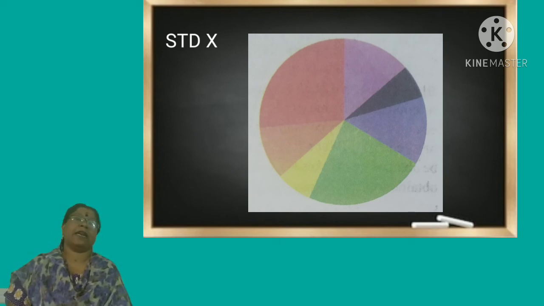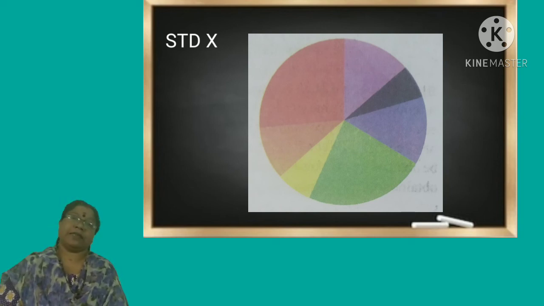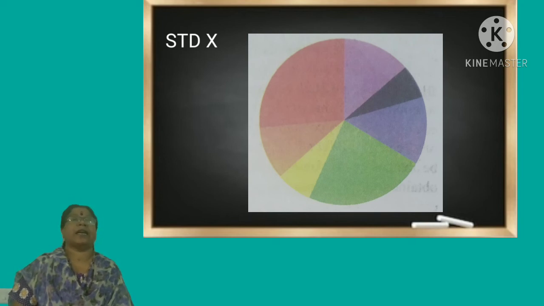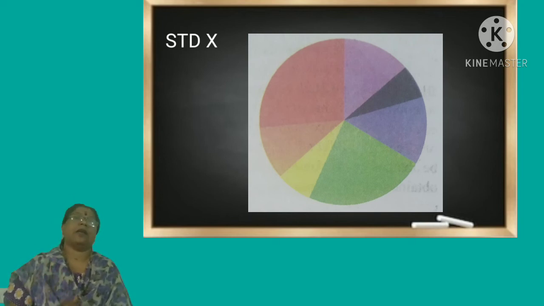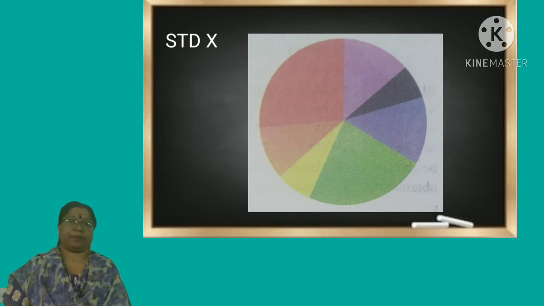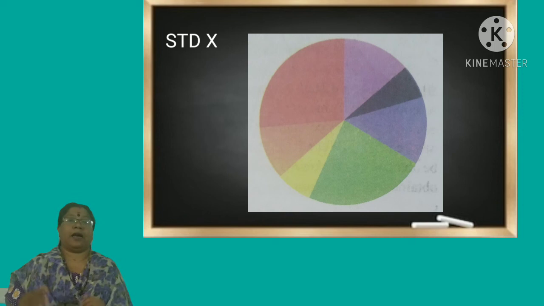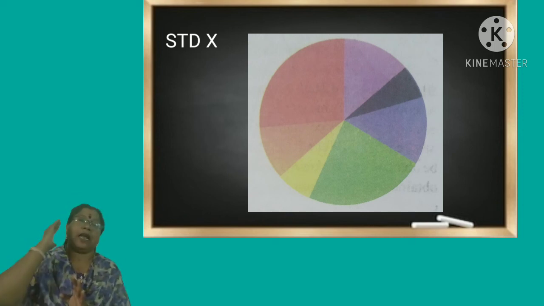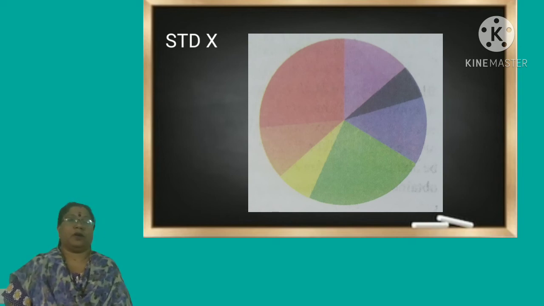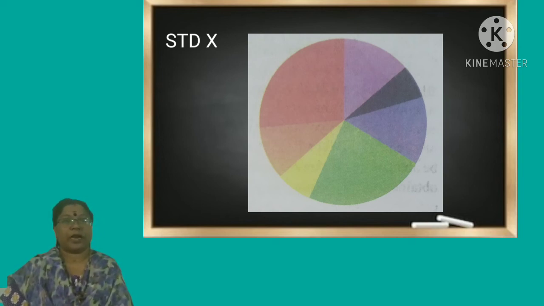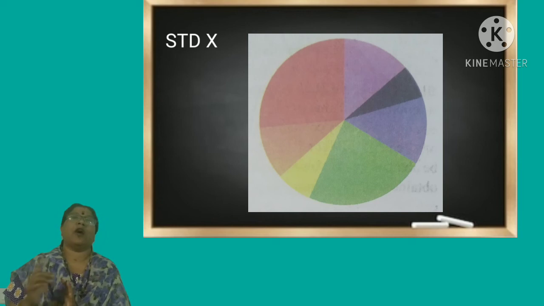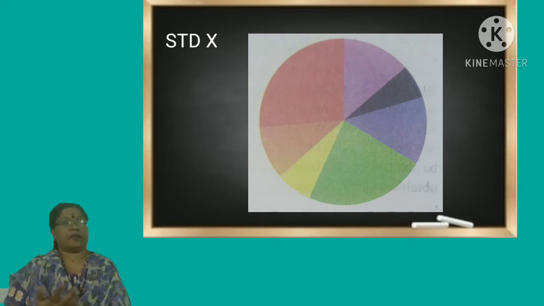You might have studied about sectors in maths. 7 sectors, and each sector is painted with the 7 colors of the rainbow, that is violet, indigo, blue, green, etc. And priority should be given to red, green, and blue. And if this Newton's disk is allowed to rotate very fast, then the disk appears to be white in color. This is recombination of color.